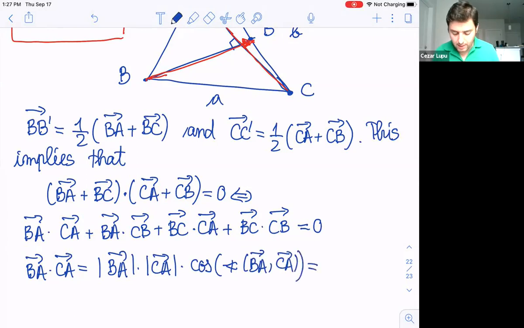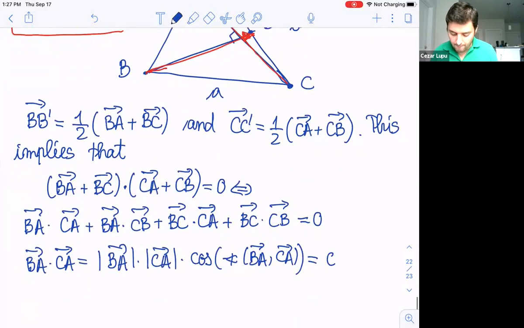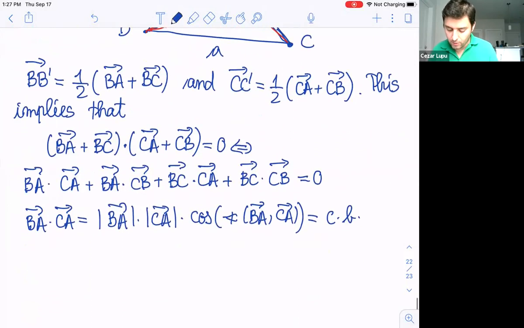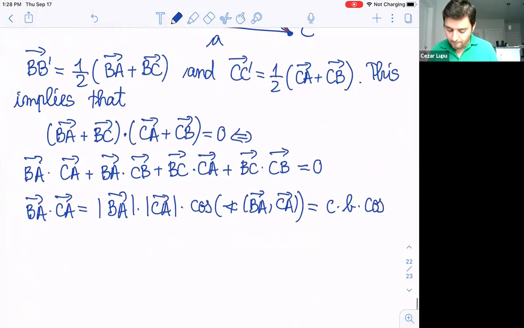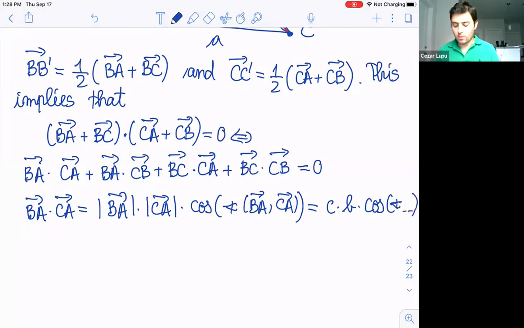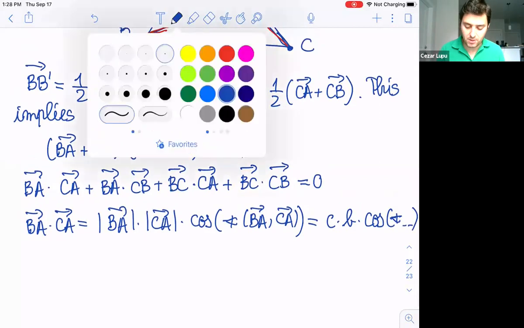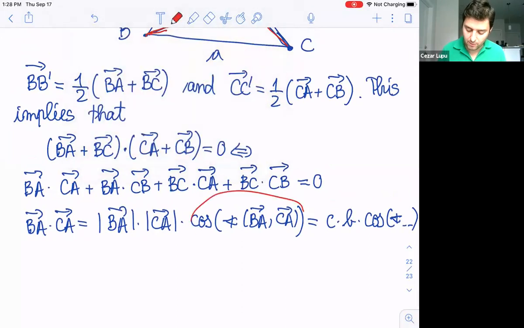So BA is c, CA is b, times the cosine of the angle between these vectors. But what is the cosine of this angle? That is the question. How can we express the cosine of this angle? There was this theorem that I gave you, called the cosine law. So this can be expressed by the cosine law.